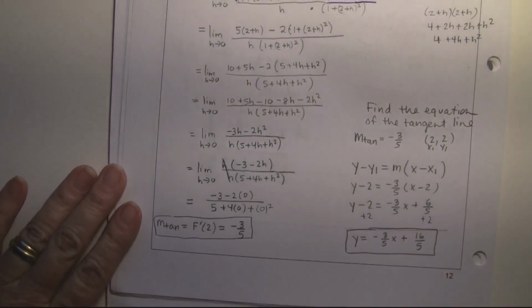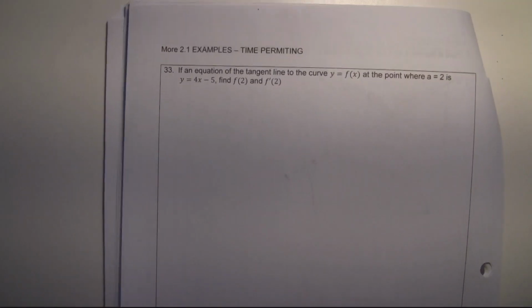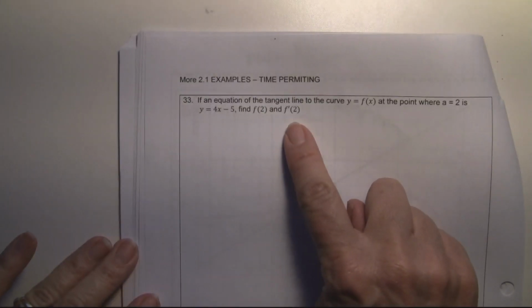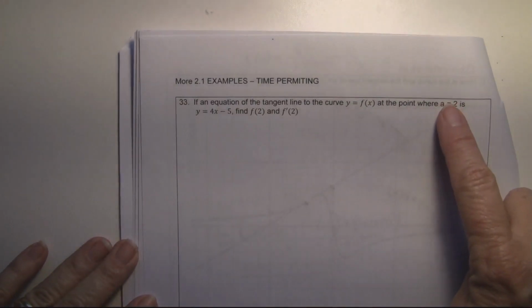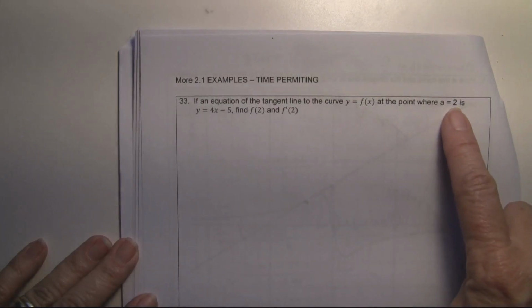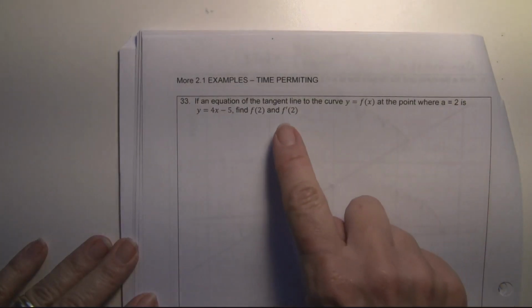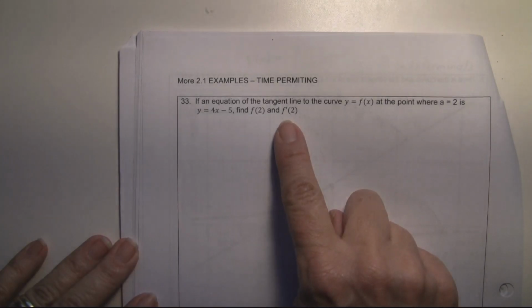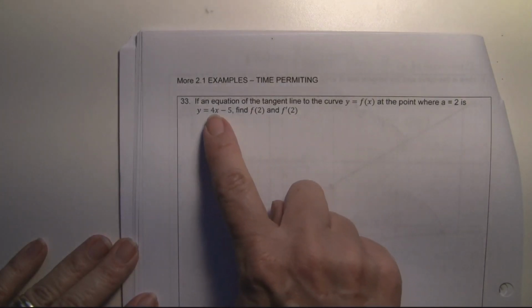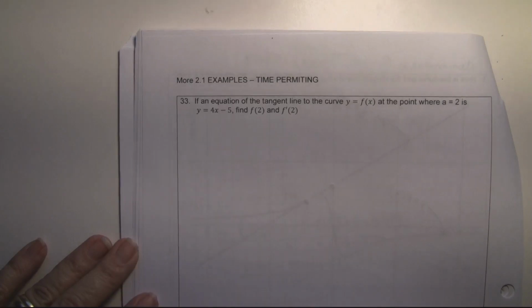And so when I look over here, it says that they're going to find a tangent line at a equals 2, and they want me to find f prime at 2. And so that's just the slope of that line, is all that it is.